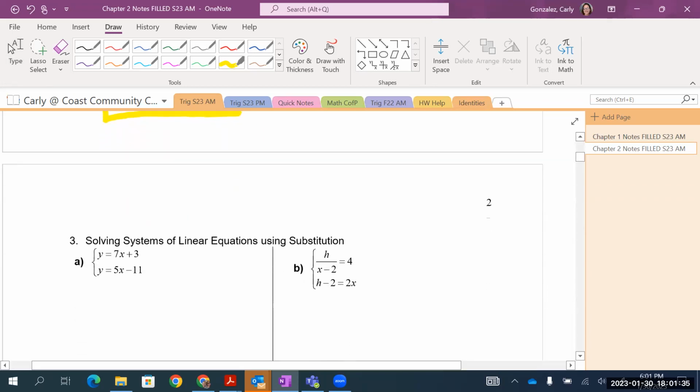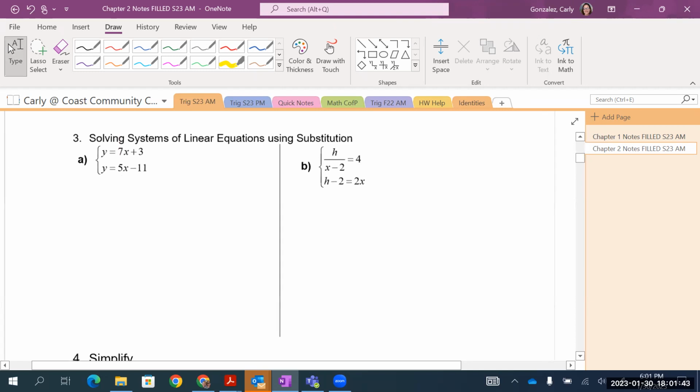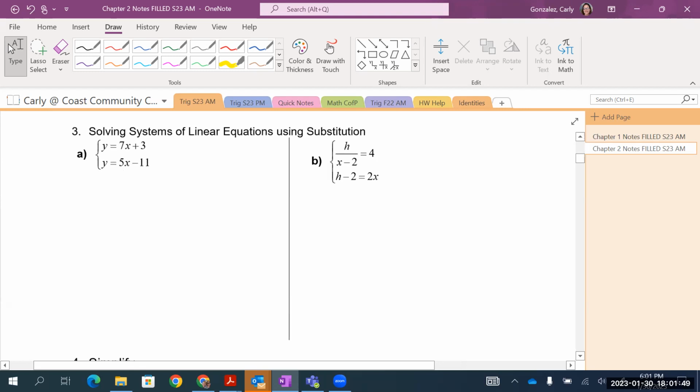Okay, we are going to do just a quick look at solving systems of linear equations using substitution. Now, there are application problems in trigonometry that require substitution.